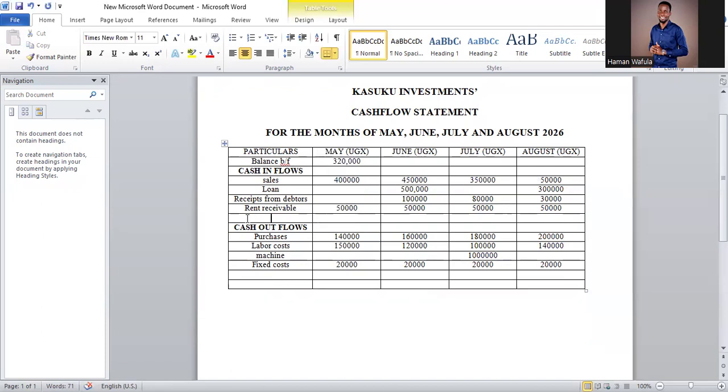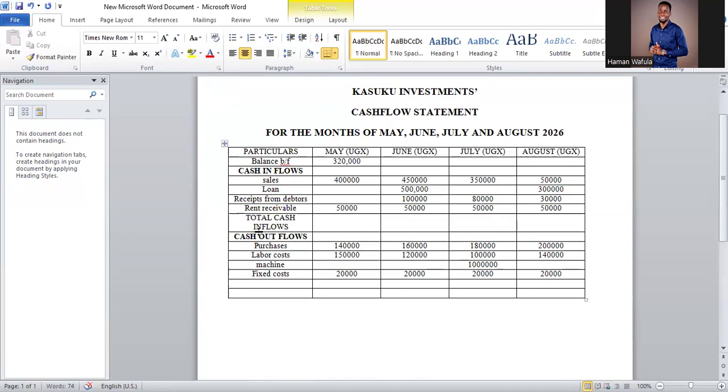So we shall have total cash inflows. So here it will be 770,000, and outflows here.